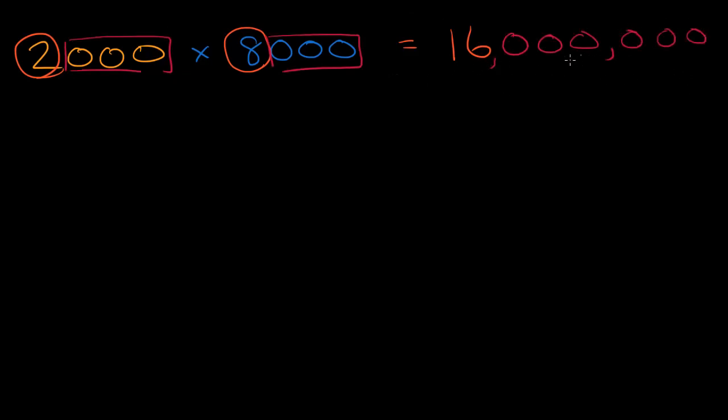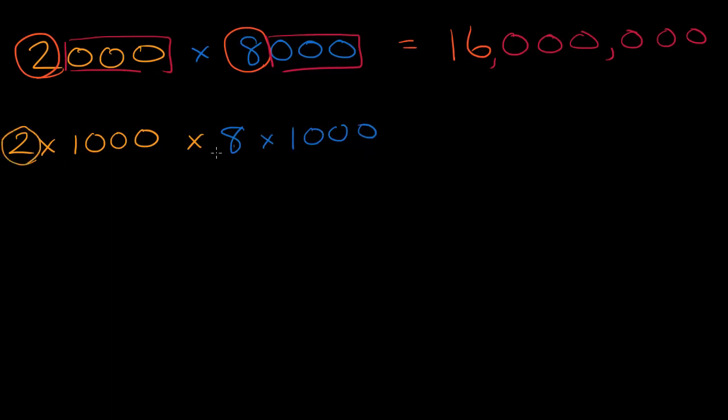And you would absolutely be correct. Now, I want to reinforce what you're doing when you're just counting zeros like that. What you're doing is you're saying, hey, this is the same thing as 2 times 1,000 times 8 times 1,000. And then you're just changing the order of multiplication.